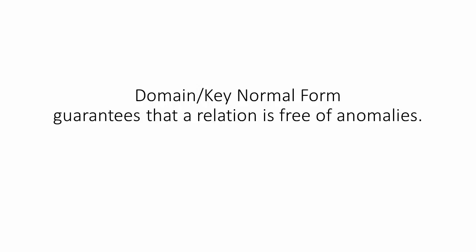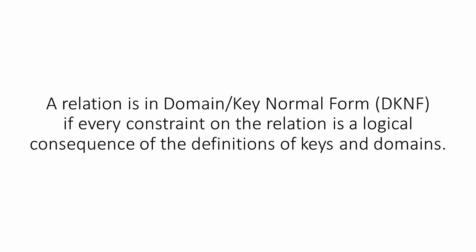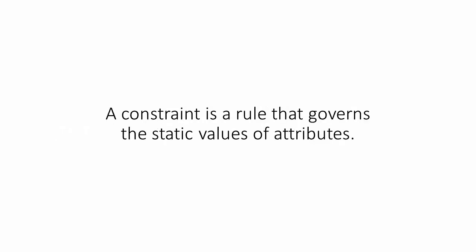The requirements for domain key normal form are easy to state. A relation is in domain key normal form if every constraint on the relation is a logical consequence of the definitions of keys and domains. A constraint is a rule that governs the static values of attributes.